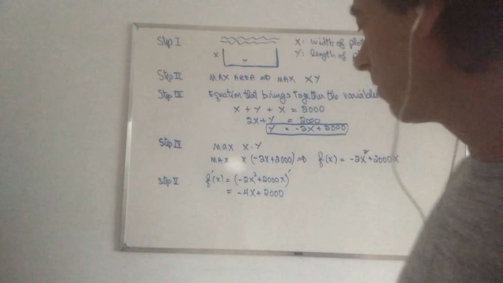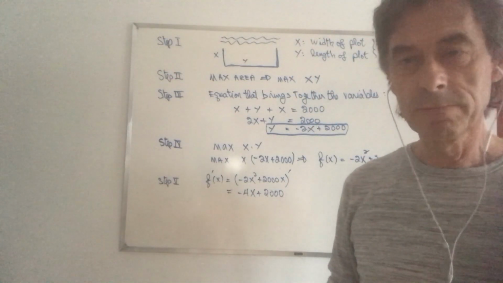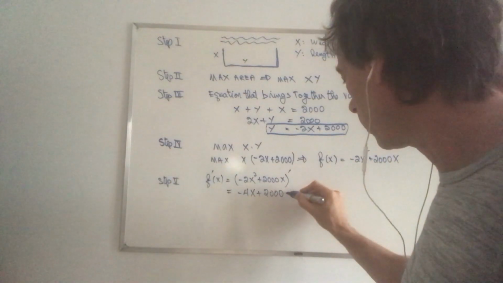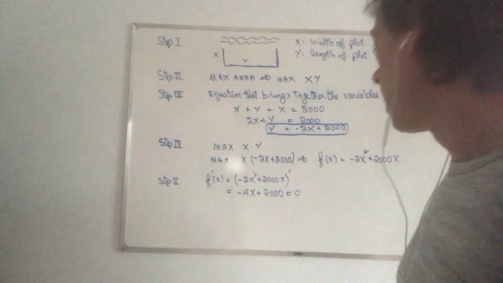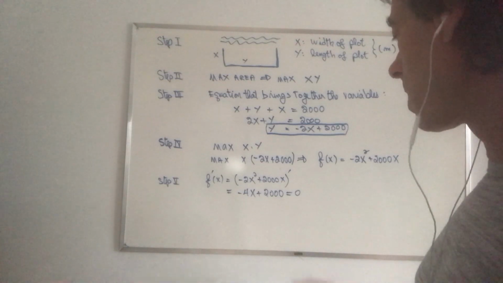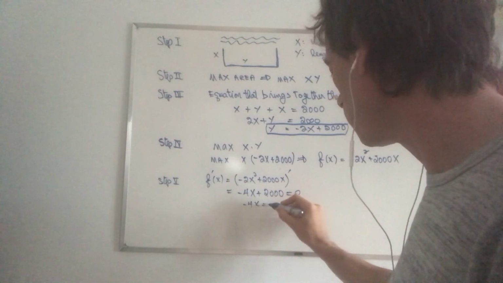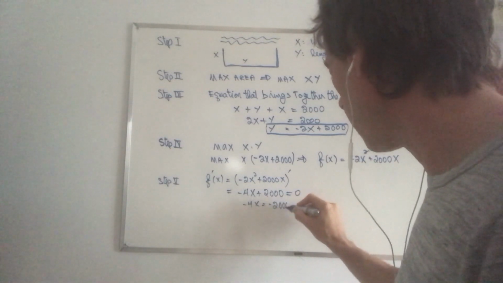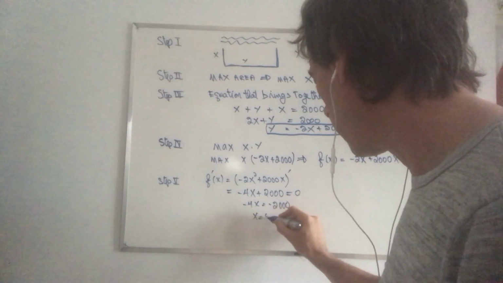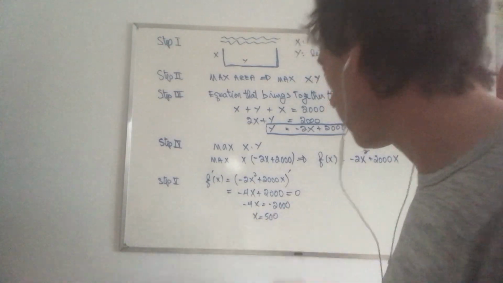I am now looking for the critical numbers of this function. Since there is no denominator, I don't have to worry about this. I'll make it equal to 0 and solve. So minus 4x is equal to minus 2,000. It appears that x is 500.